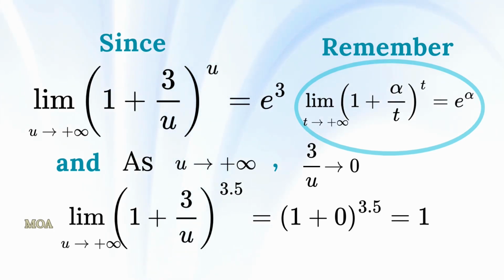On the other hand, consider the second factor, (1 + 3/u)^3.5. As u approaches positive infinity, the fraction 3/u approaches 0. Therefore, the base approaches 1, and the entire expression approaches 1 raised to the power 3.5, which is simply 1.